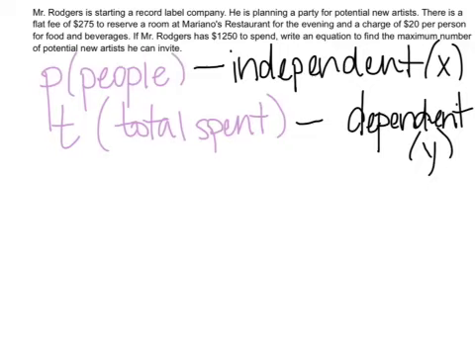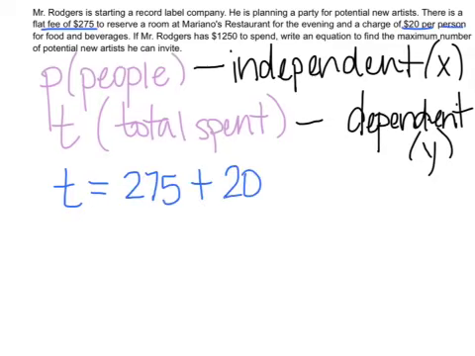So to write an equation, we know that the total that he spent will be equal to the flat fee of $275 plus $20 times P, number of people. Now, in this particular situation, we are asked to find how many people he could invite if he has $1,250 to spend.